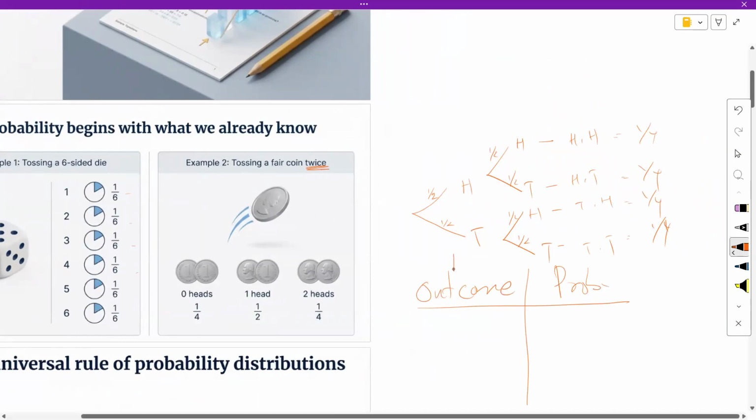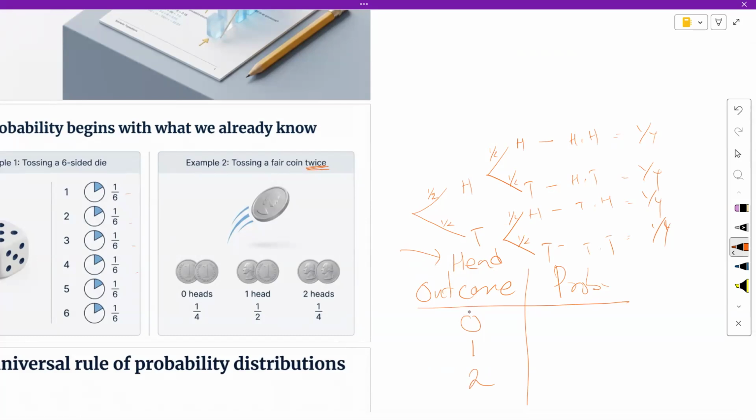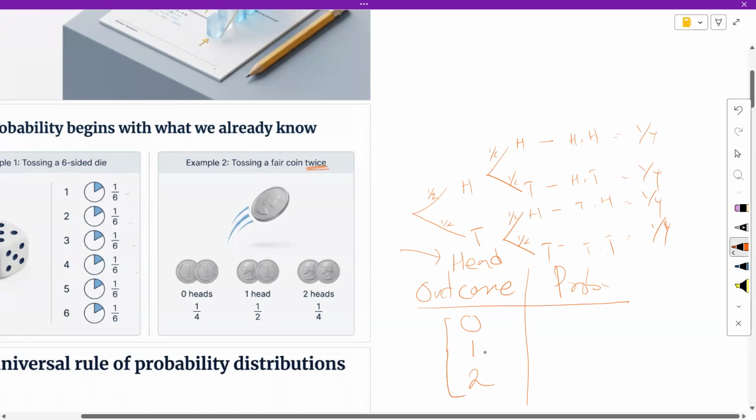We are considering only heads: 0 head, 1 head, 2 heads. These are the possible outcomes for obtaining heads when we toss a coin twice.